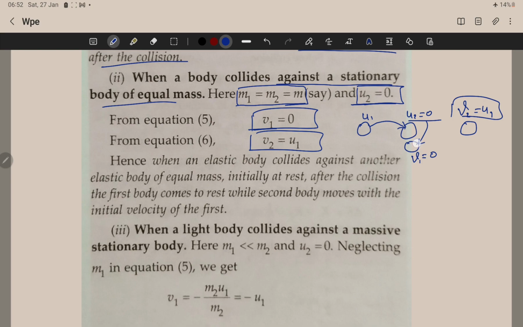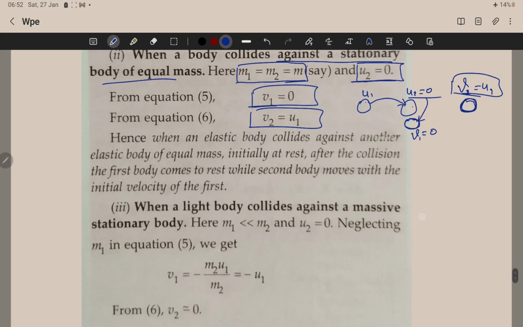So the first particle comes to rest, and the second particle starts moving from rest with the velocity of the first particle. Remember, this is for elastic collision. When an elastic body collides against another stationary elastic body of equal mass, the first body comes to rest, while the second body moves with the initial velocity of the first body.